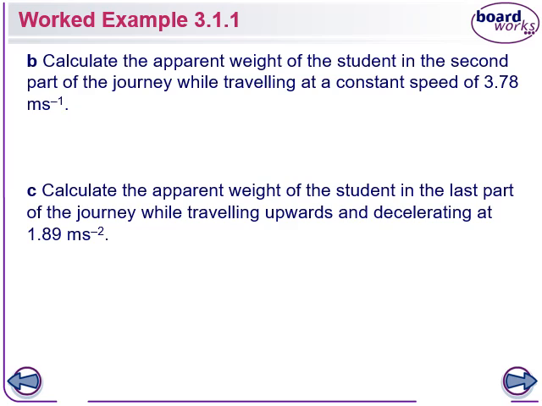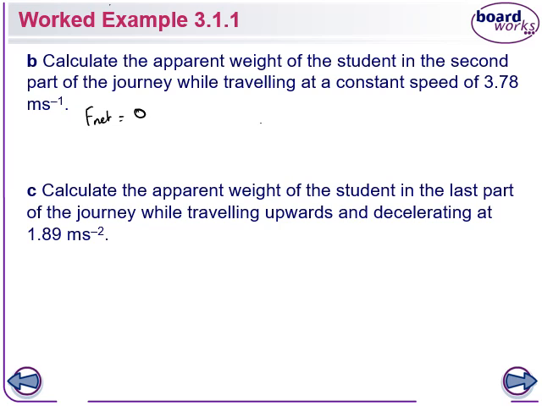Calculate the apparent weight of the student in the second part of the journey while travelling at a constant speed of 3.78 meters per second. Okay, this is a little bit easier. What is our net force? 0. There is no acceleration. We are travelling at a constant speed, so there is no acceleration. So Fnet equals 0.